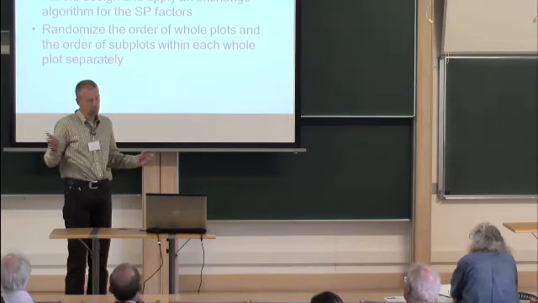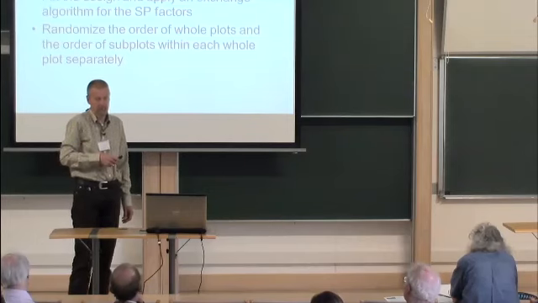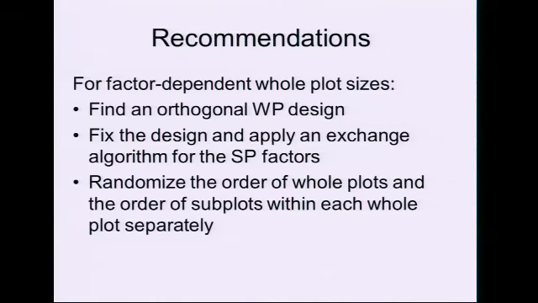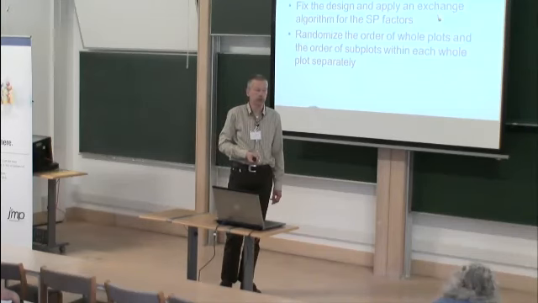If you move to, well, 16 whole plots, it will be different, and it would be interesting to develop more appropriate methods for these cases. I forgot to mention that the article I referred to, the JQT article, is just a case study. So it could really be extended to something more thorough.